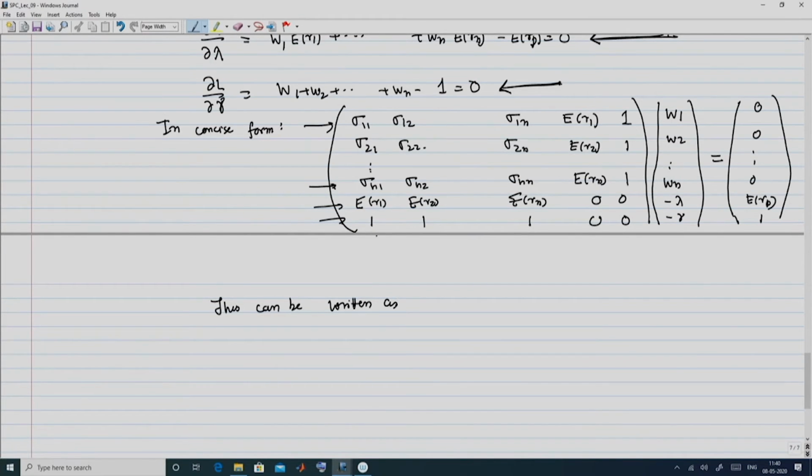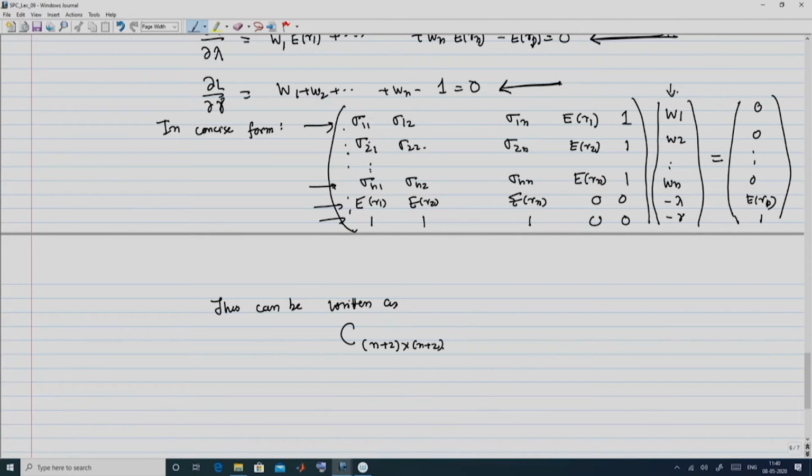So, this is an n+2 by n+2 matrix. This can be written as C, which is an n+2 by n+2 matrix, because these are n rows plus these 2 rows, and same thing with columns.